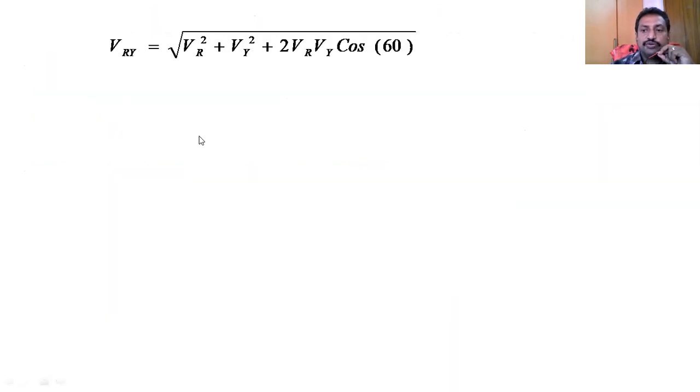We consider only one, VRY. You know that for two phasors X and Y, the magnitude is the square root of X square plus Y square plus 2XY cos of the angle between those two phasors. Similarly for VRY, it is the square root of VR square plus VY square plus 2 VR VY cos of the angle between these two, which is 60 degrees.